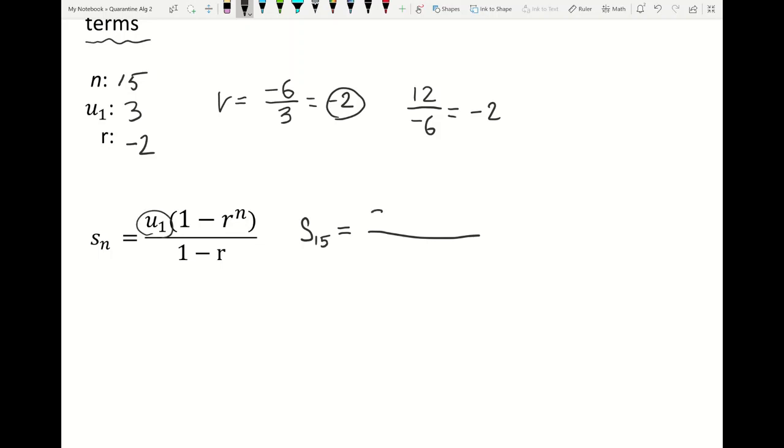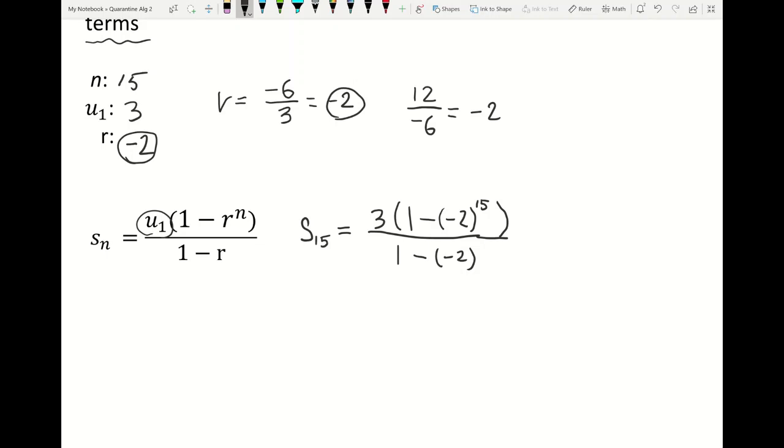U1 is 3 times 1 minus, now what's R? R is -2. So I'm going to use another parentheses, -2 to the N, which is 15th power. And then I'm going to close that big parentheses over 1 minus -2. Okay.